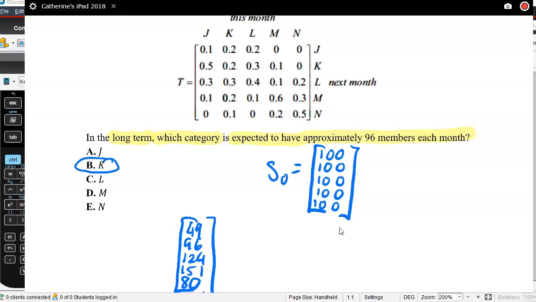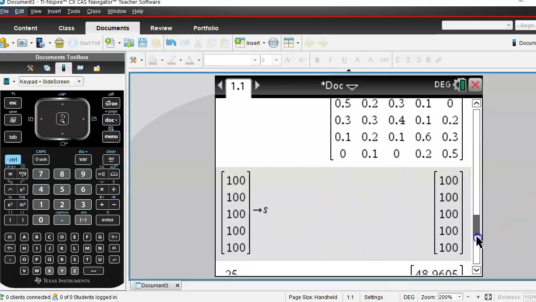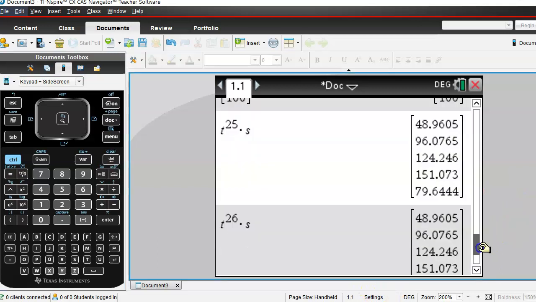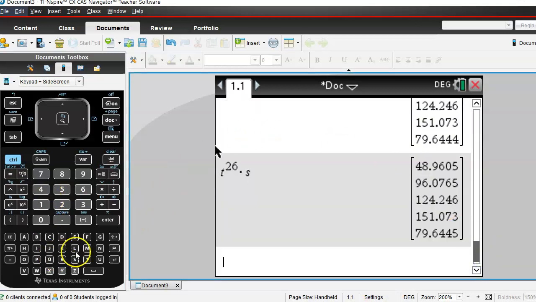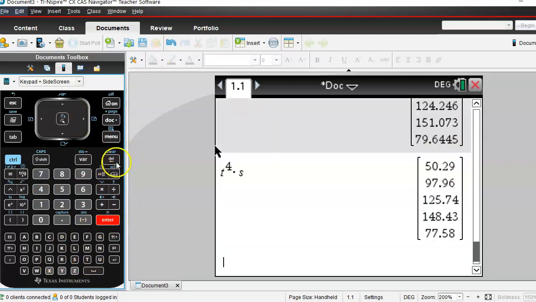Okay, now with this one, I just want to demonstrate again why this works as the steady state. Just scroll it down. So if I went T to the 4 times by S, okay, like that.